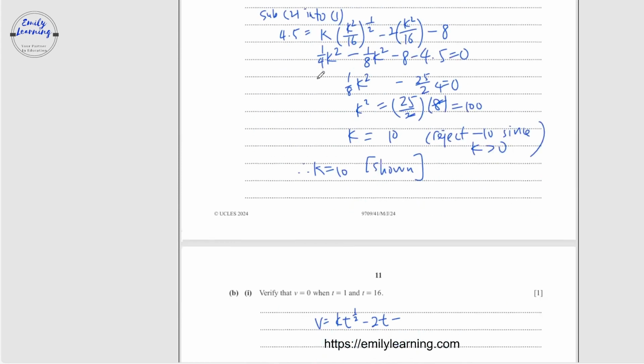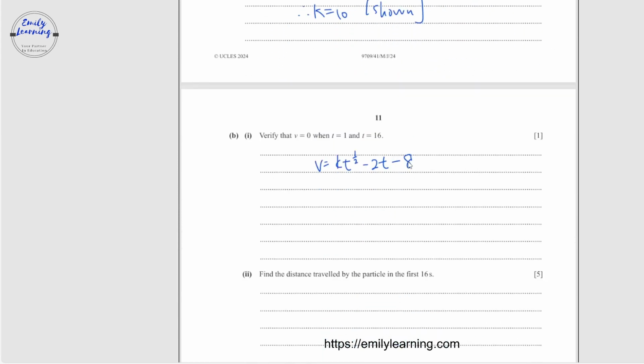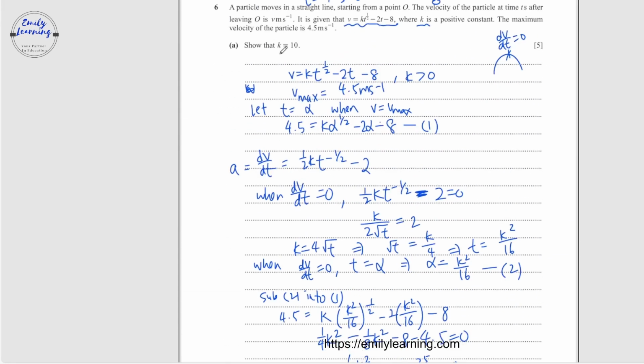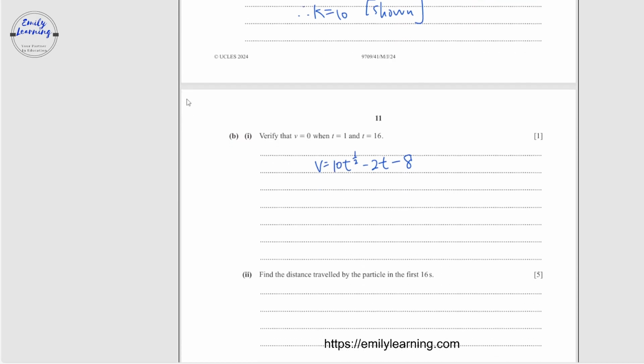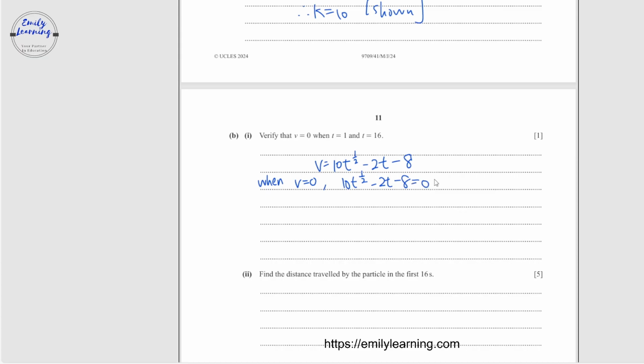We also know from the first part that k is 10, so instead of writing k, I'm going to change it to 10. Now when v is 0, I have 10t to the power of half minus 2t minus 8 is equals to 0.